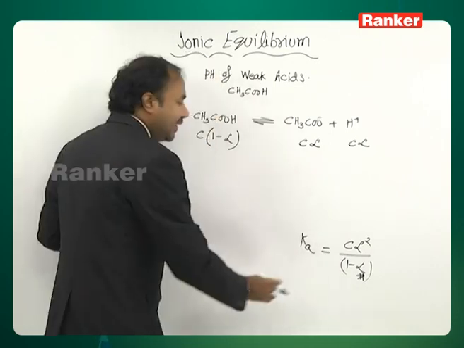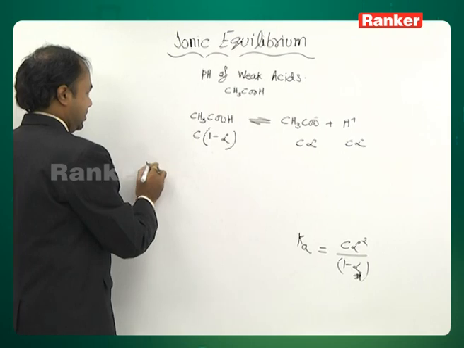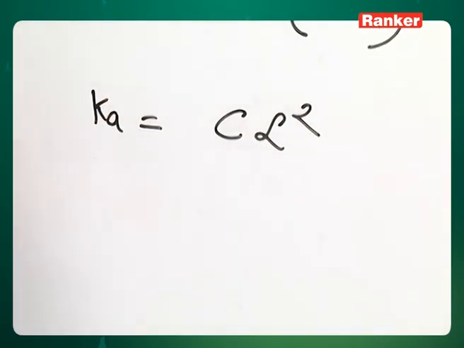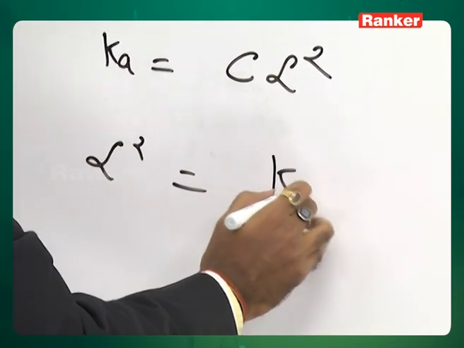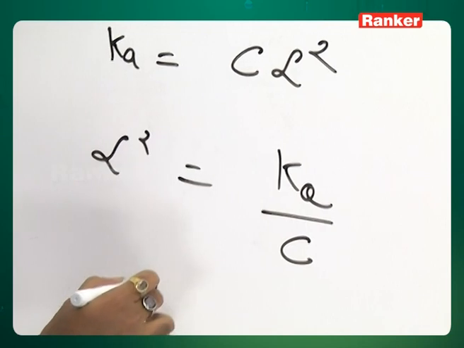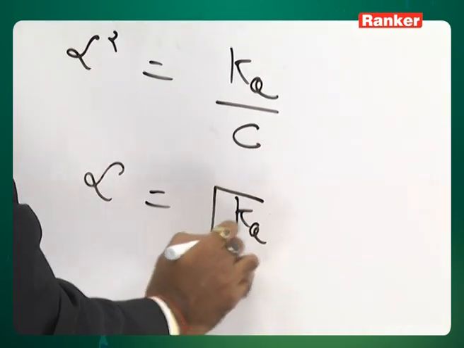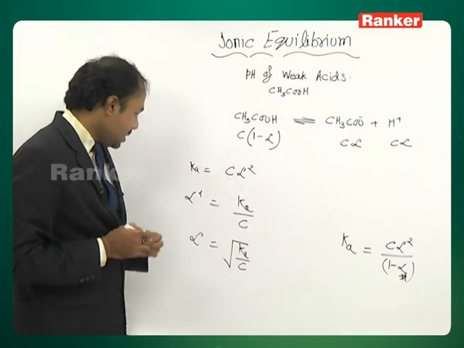See, if I neglect alpha from here, then we get Ka equal to C alpha square. From here we get alpha square equal to Ka by C, and alpha becomes equal to square root of Ka by C. Now listen properly.